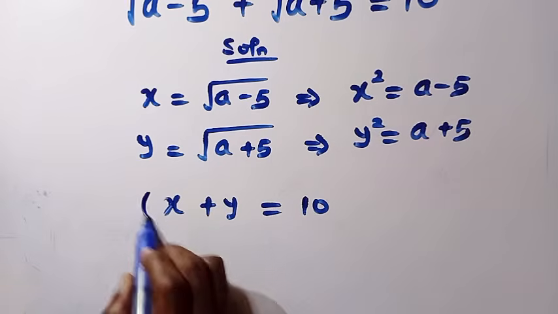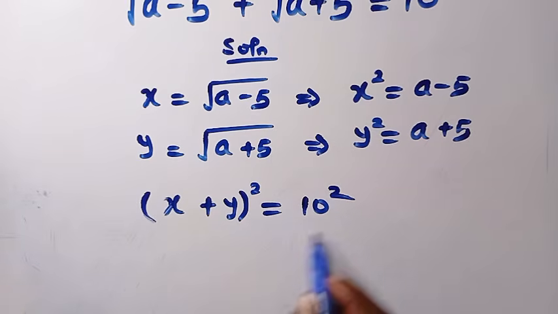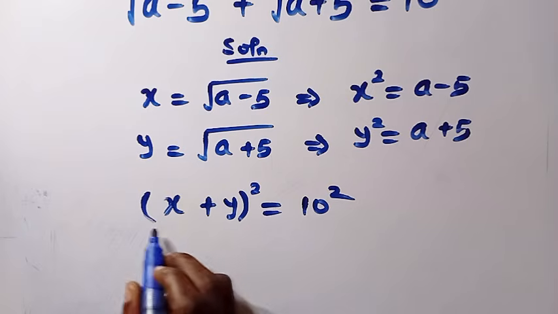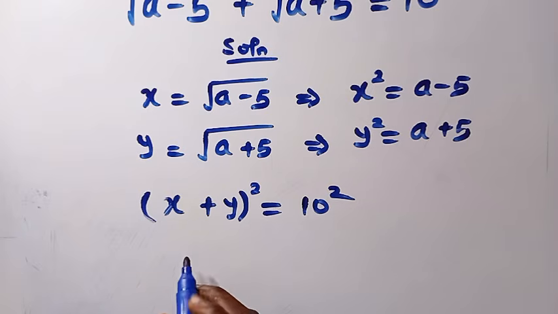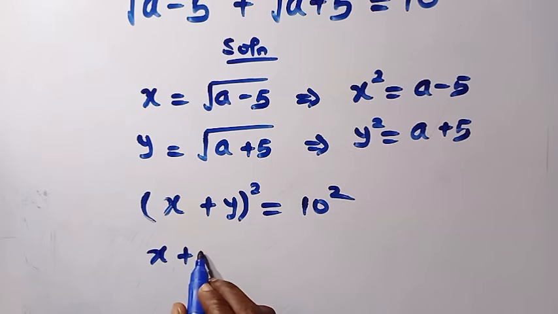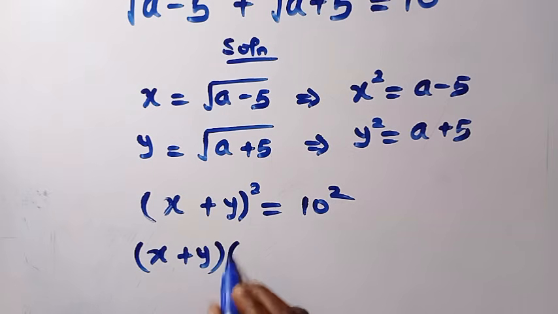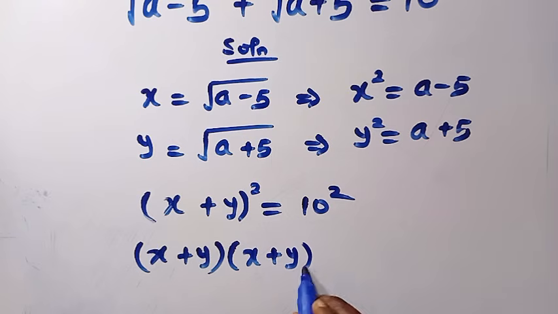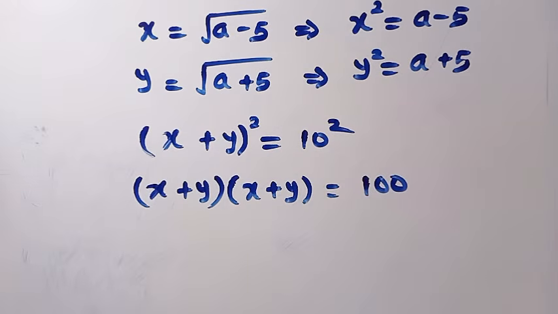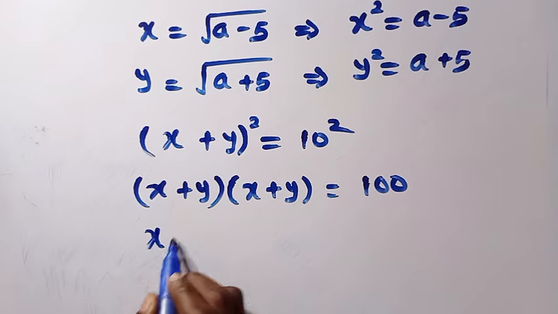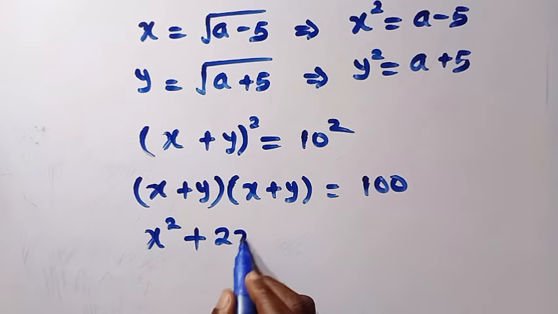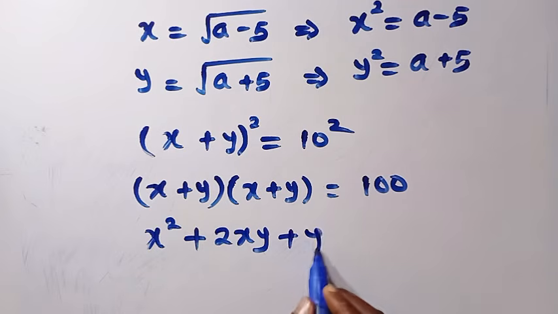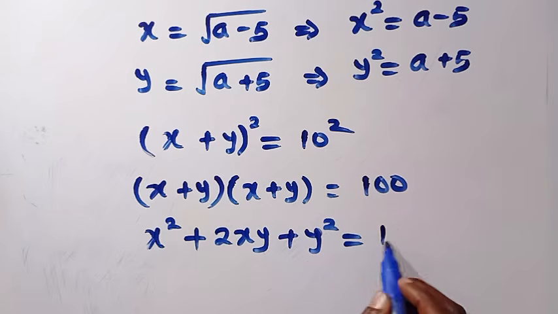So by squaring both sides, we have x plus y squared equals 10 squared, and this is like multiplying this two times, and we have x plus y multiplied by x plus y equals 100. So this gives x squared plus 2xy plus y squared equals 100.